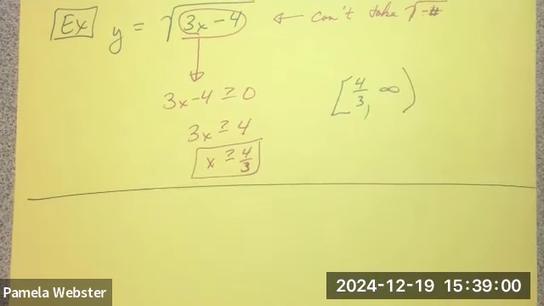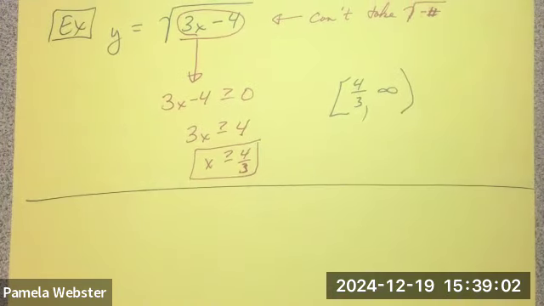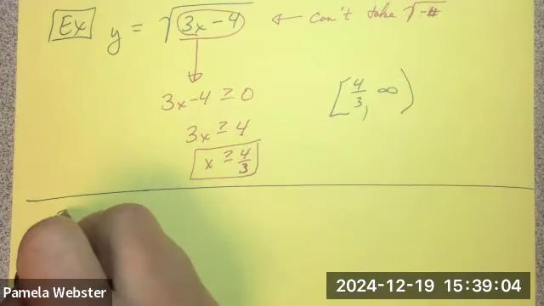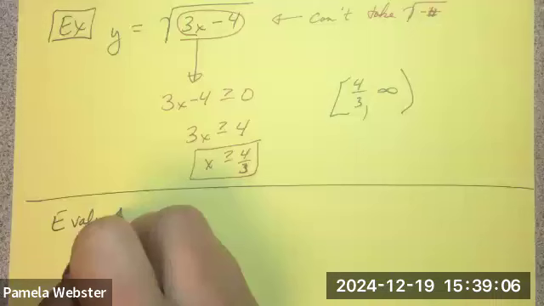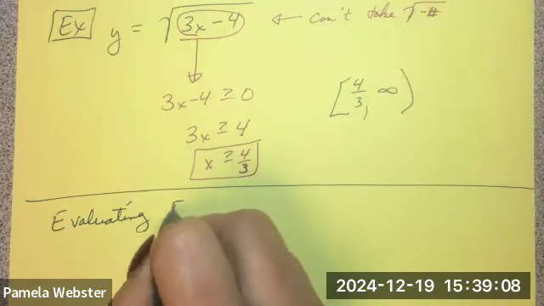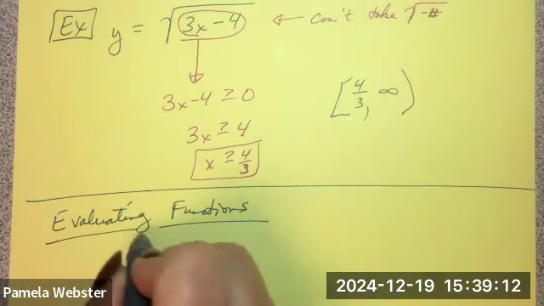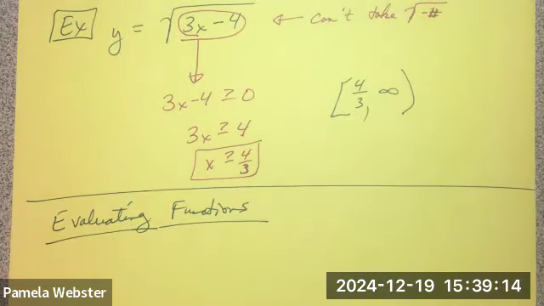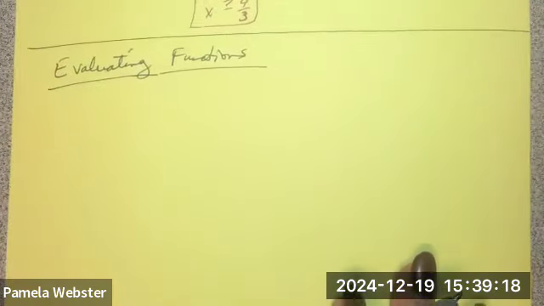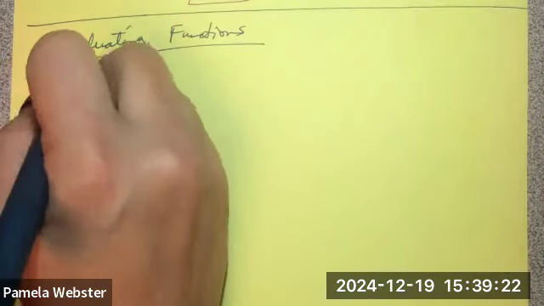All right. So there's something else that they're going to want us to probably do in here, and it's called evaluating functions. So once we know something's a function, okay, now we might need to put some points in and do stuff, right? So it's going to look something like this. And we're going to evaluate.